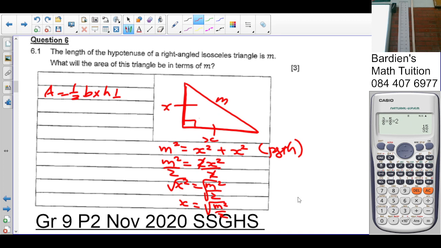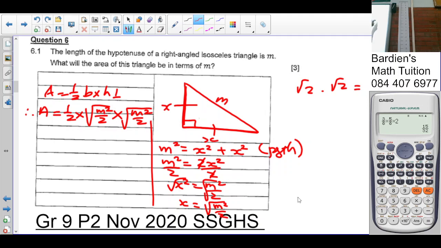Can you see what x is now? Therefore the area is going to be half times the base, which is the square root of m squared over 2, times, and what is the height? Same, the square root of m squared over 2. What is the square root of 2 times the square root of 2?